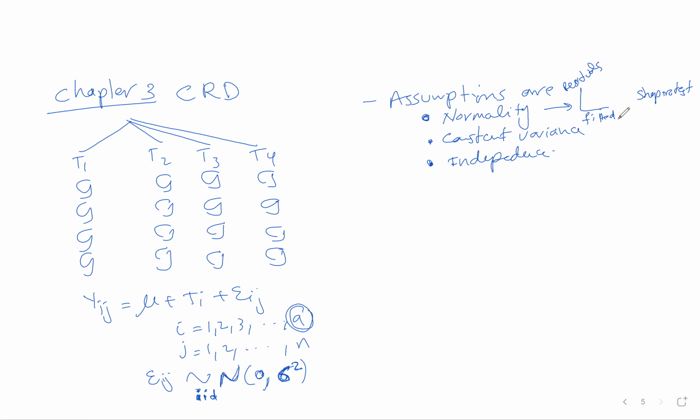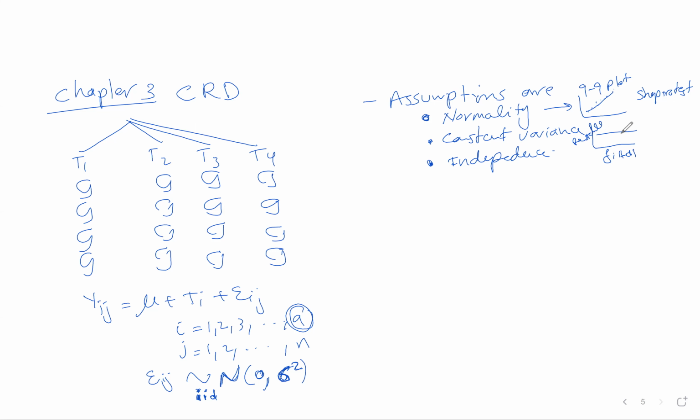For constant variance, you look at the fitted versus residuals graph.